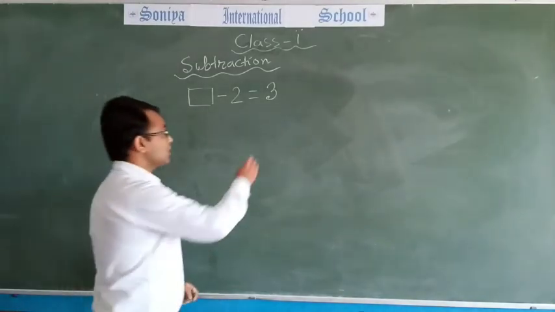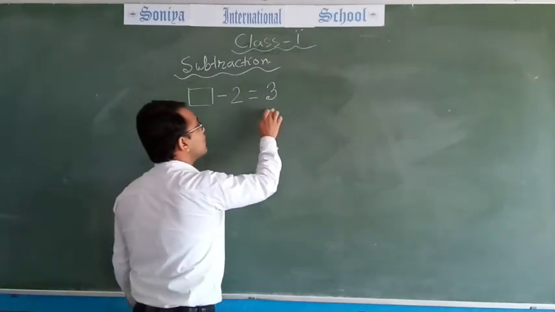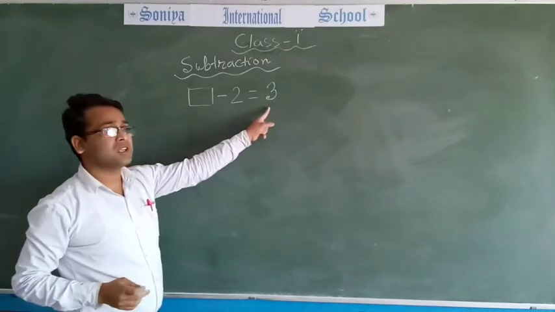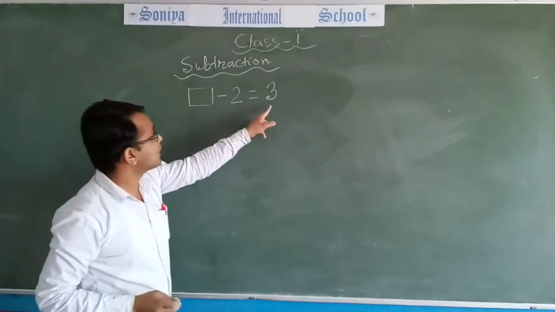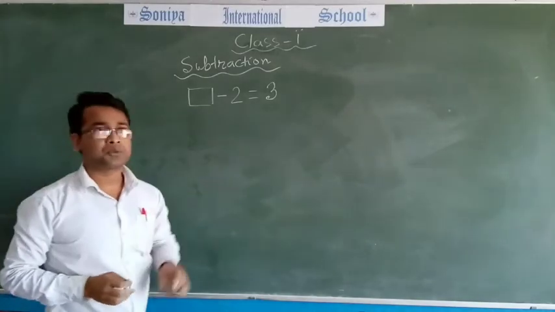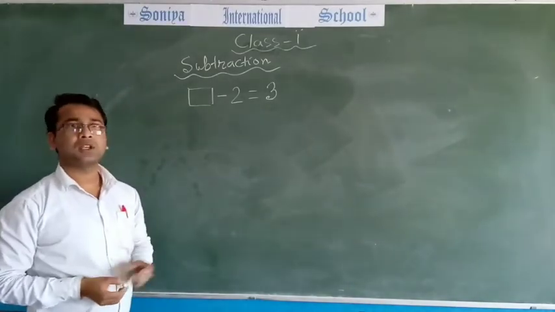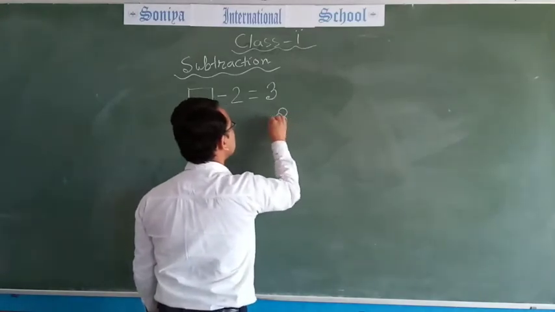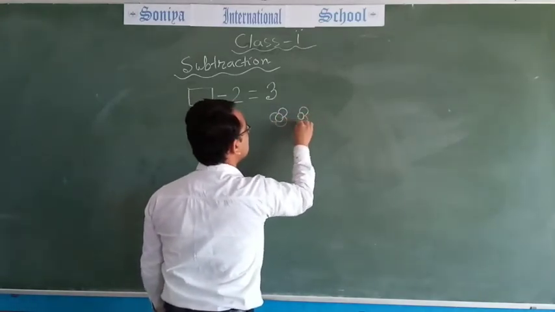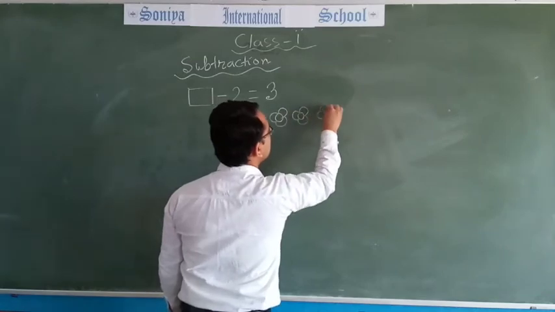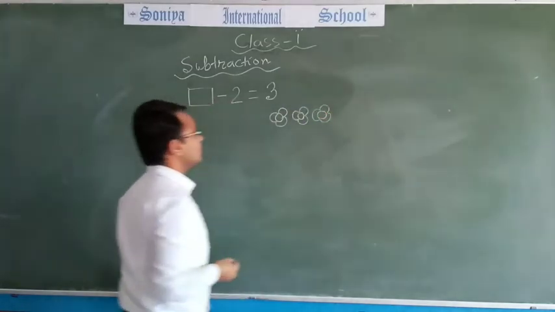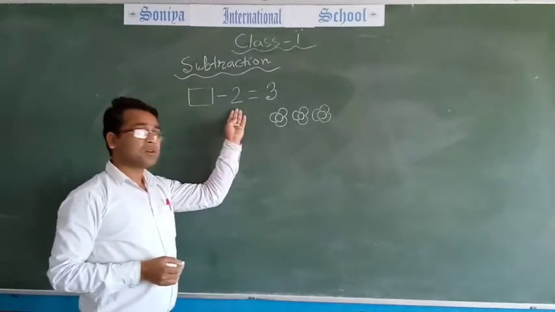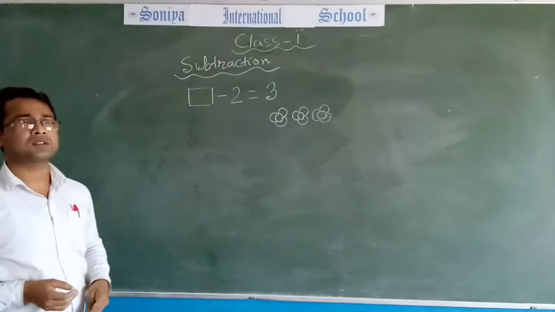First of all, I draw 3 objects, for answer 3. First I draw 3 objects, like 3 flowers, and here 2 more flowers I draw.